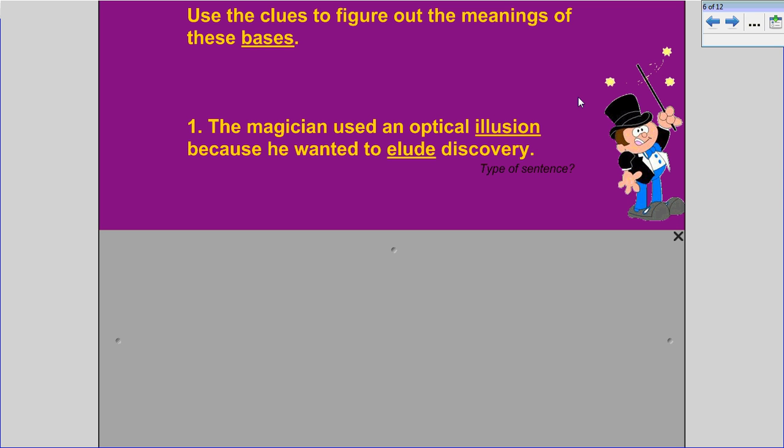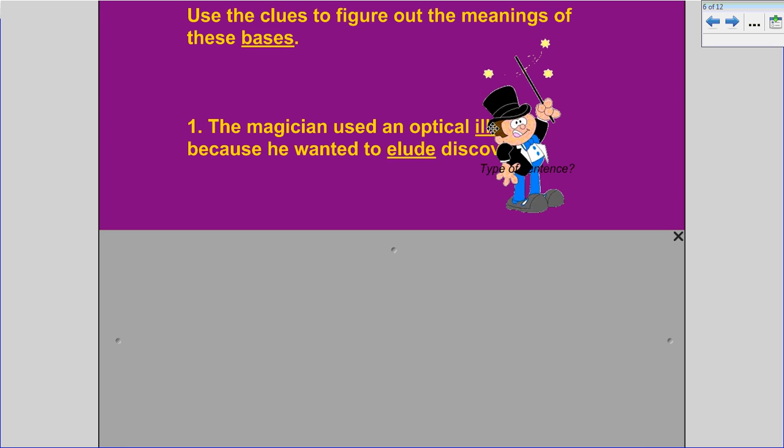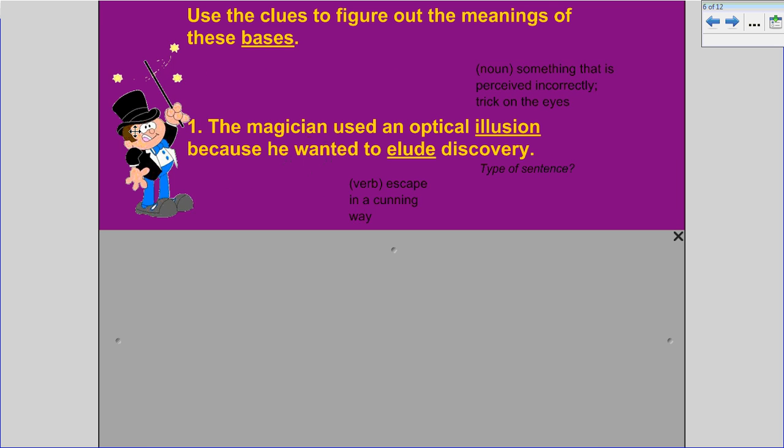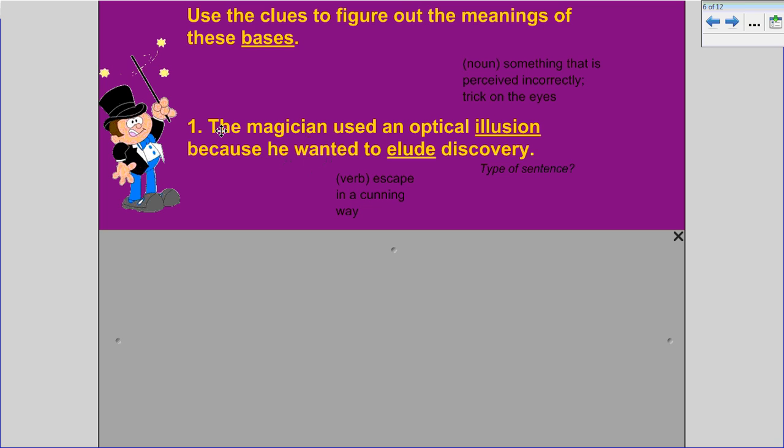Well, from my prior knowledge, I know that a magician usually doesn't want people to figure out what they're doing. I know that Lud Lus means play, trick, so I'm assuming that he is going to be wanting to trick us and kind of escape that discovery. So here is your definition.